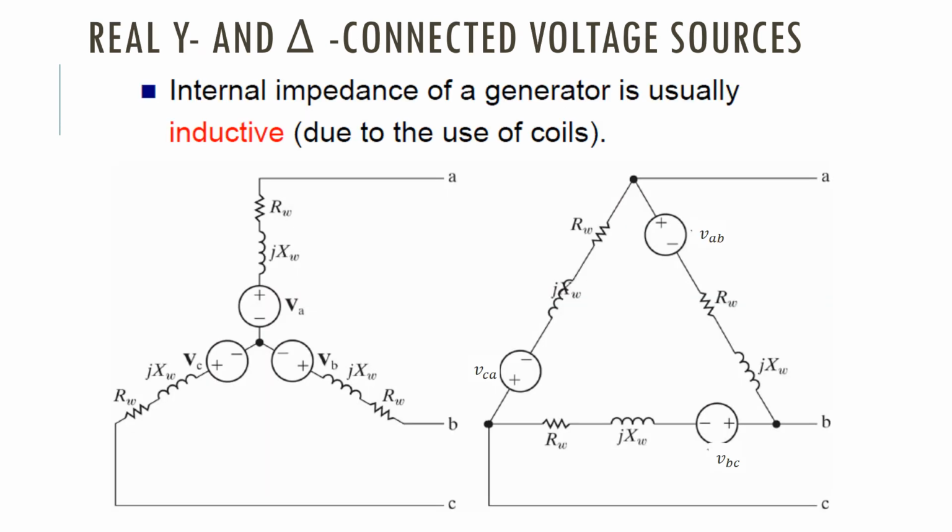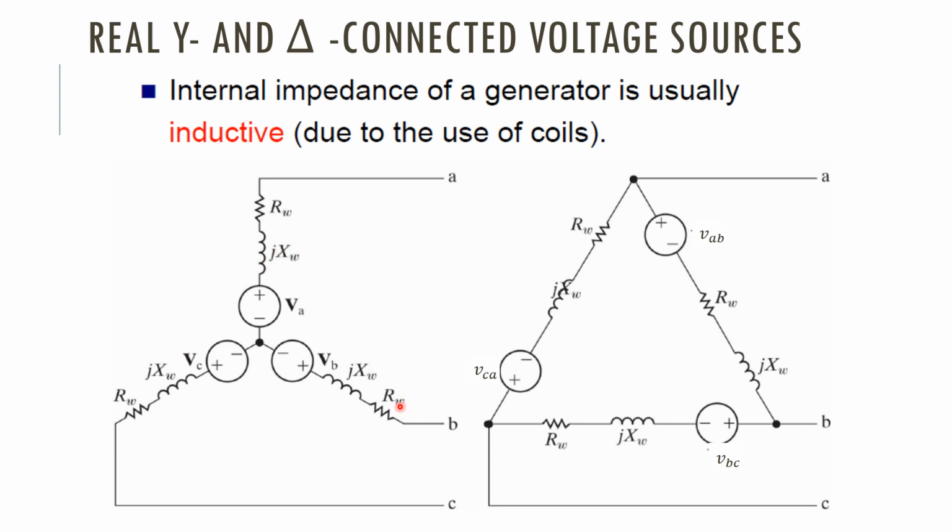Right, if you take a real source, you know it has source impedance. So for the source impedance, if the windings are connected in star, that is in Y format, you can model it in this way with the series winding, just like this. So this is the winding resistance of the source and the winding leakage inductance of the source.